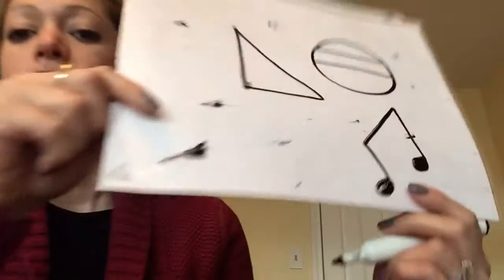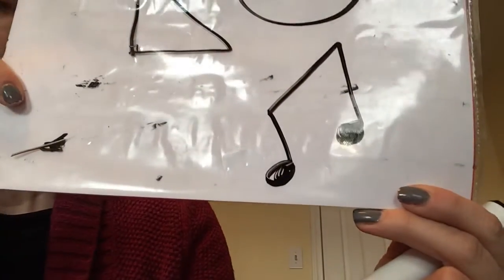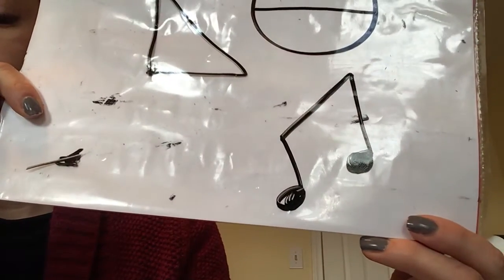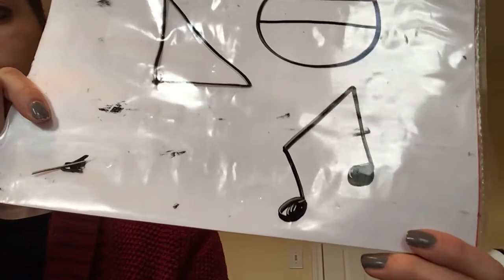The last thing I wanted to show you is just a regular shape, or symbol, I should say. Let's take a look. All you music kids out there, we have musical notes. What do you guys think? Any of those lines parallel?